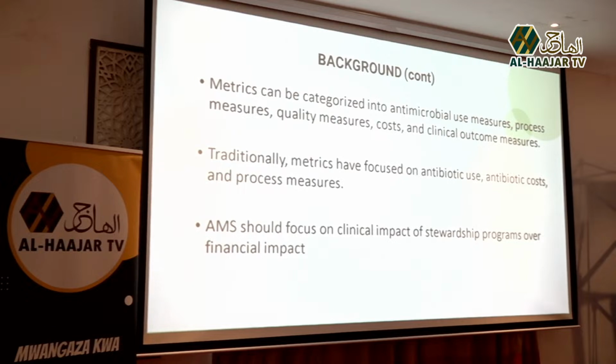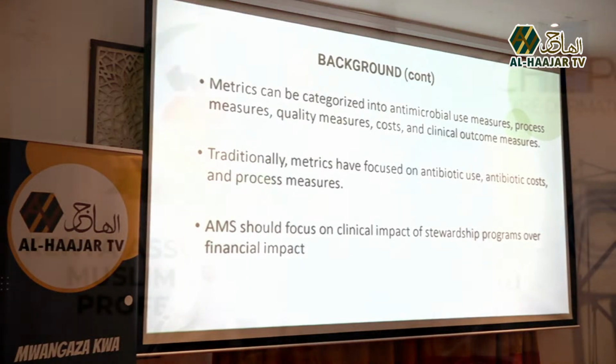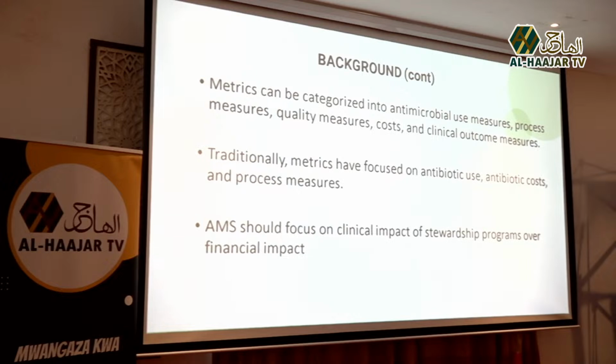And AMS should focus on clinical impact of your stewardship programs over financial impact. You shouldn't be looking at how much you are saving the hospital in terms of costs, but rather your clinical outcomes for your patients.